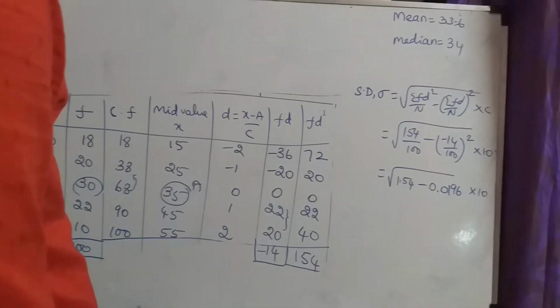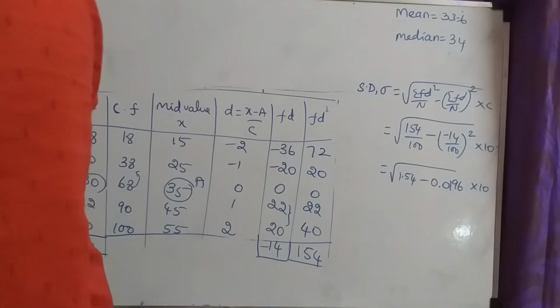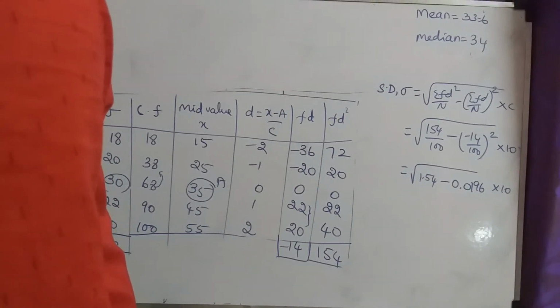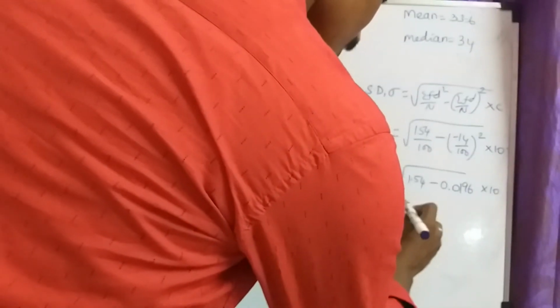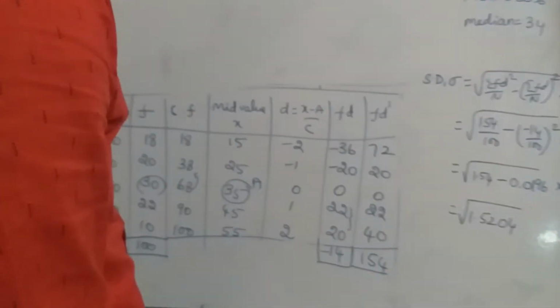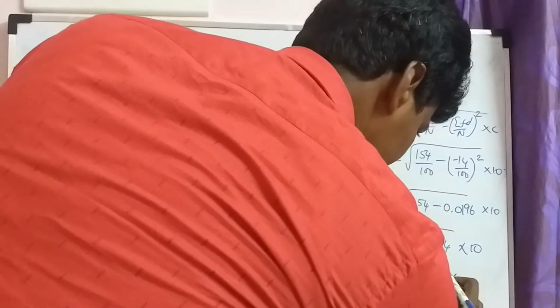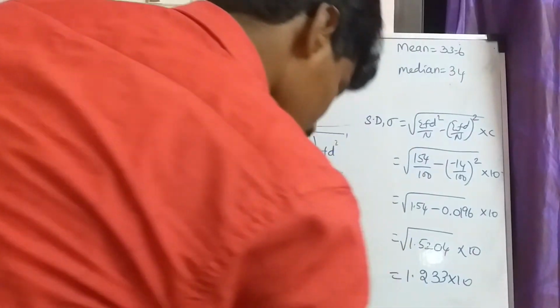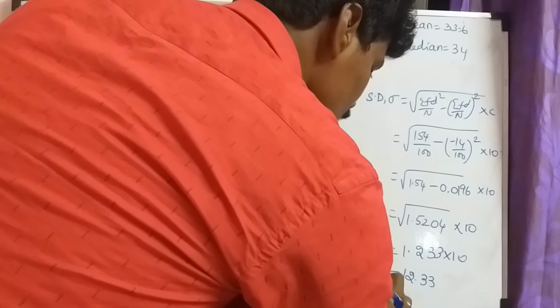So 1.54 minus 0.0196 is 1.5204. The square root of this is 1.233, into 10, so the value is 12.33. So 12.33 is the standard deviation.